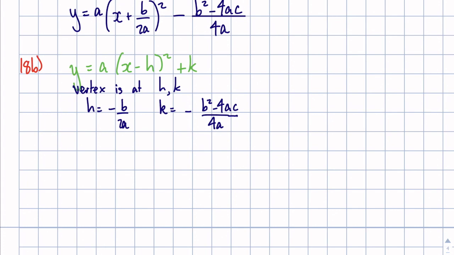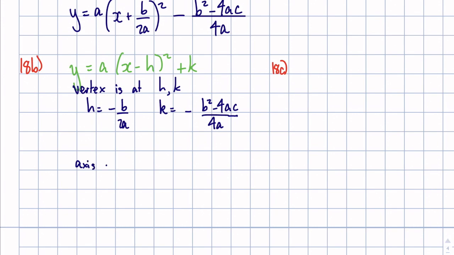Okay, 18c, put y equals 0 in order to find the, when it says the equation of the axis, that must be the axis of symmetry, minus b over 2a.